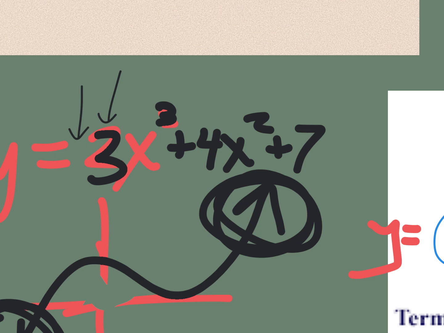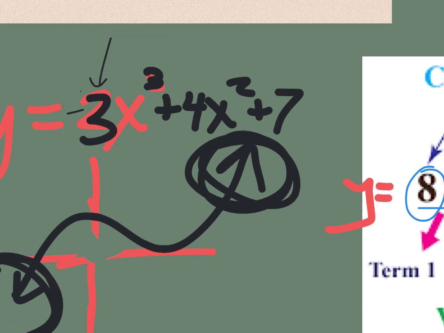If the one in the front is negative, I'm going to make this number negative. If that's negative, then the polynomial won't go up. Take a wild guess what it'll do. It'll go down. Okay, so if there's a negative in the front, it'll go down.